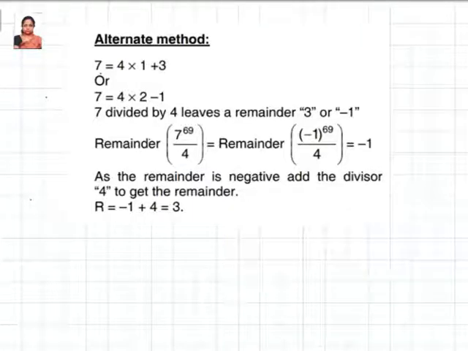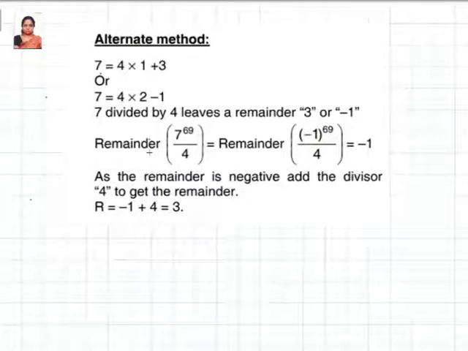So here, an alternate method using the negative remainder is going to do it. What do you mean by negative remainder? Normally we will not be using that as such. We will convert that again to a positive remainder. But finding the negative remainder is sometimes going to be useful. Let me take an example.